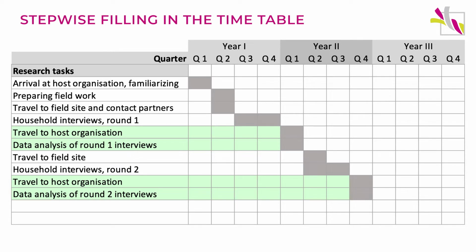And what is very important also is that in between the steps of field data or lab data collection, you also leave a bit of time for looking at the data, for analyzing it, and for writing your research chapters or your research papers.